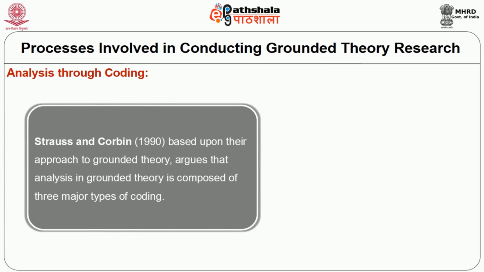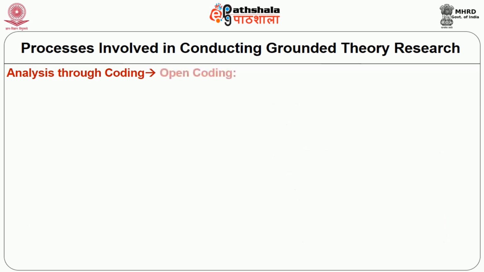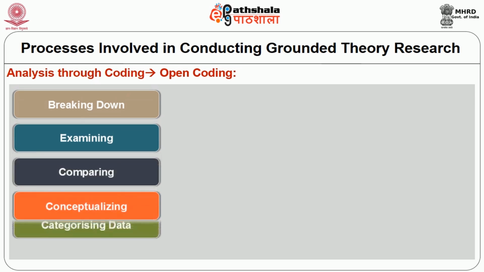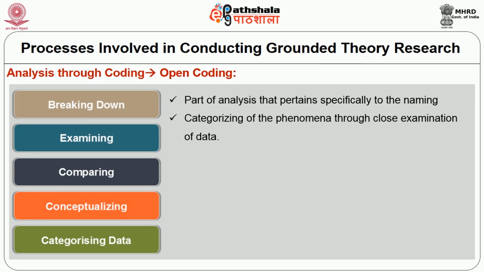Strauss and Corbin, based upon their approach to grounded theory, argue that analysis in grounded theory is composed of three major types of coding. They are open coding. It is the process of breaking down, examining, comparing, conceptualizing, and categorizing data. Open coding is the part of analysis that pertains specifically to the naming and categorizing of the phenomena through close examination of data.